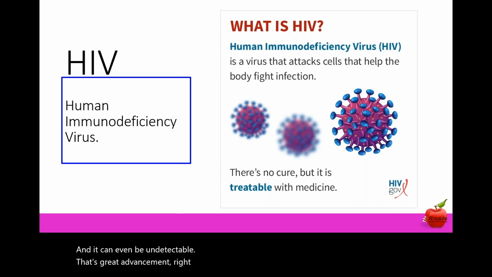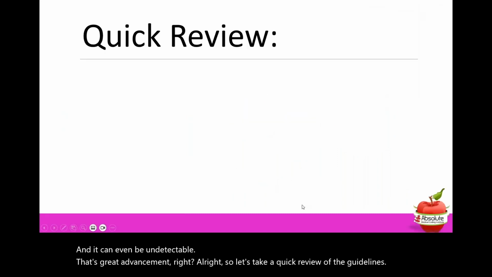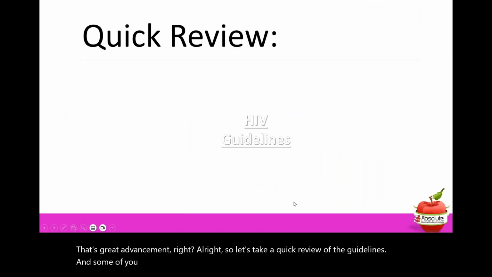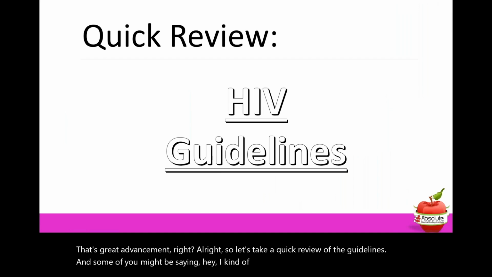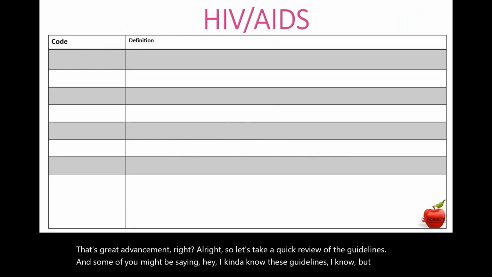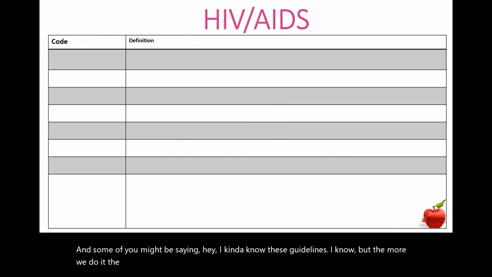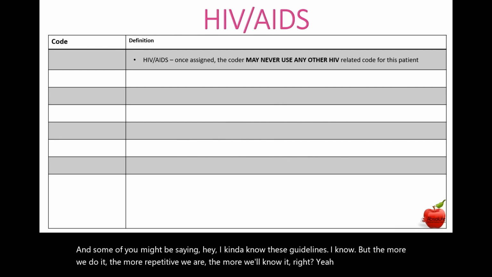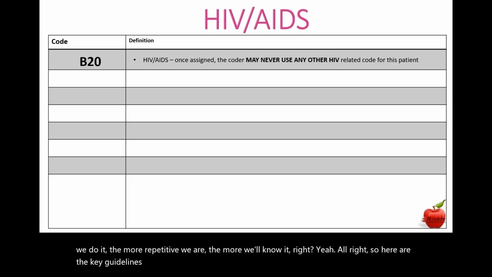All right, so let's take a quick review of the guidelines. And some of you might be saying, hey, I kind of know these guidelines. I know, but the more we do it, the more repetitive we are, the more we'll know it, right? All right, so here are the key guidelines. B20, HIV/AIDS.